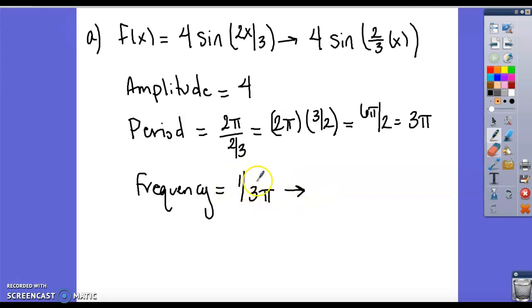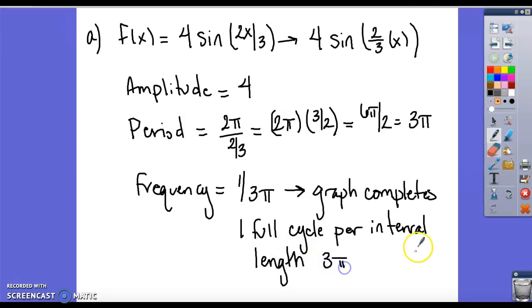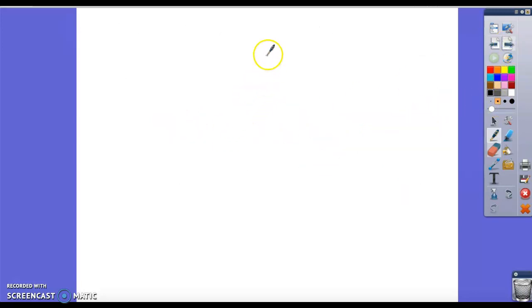If the frequency is 1/3 pi, the graph completes one full cycle per interval length of 3 pi. So one full cycle is 3 pi units long. Okay, so let's graph this.